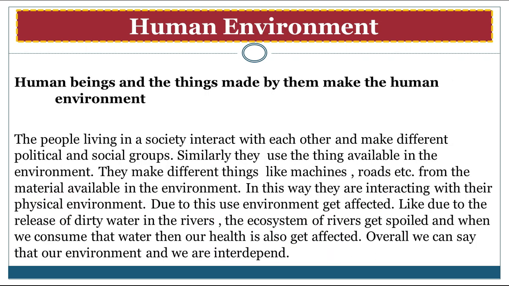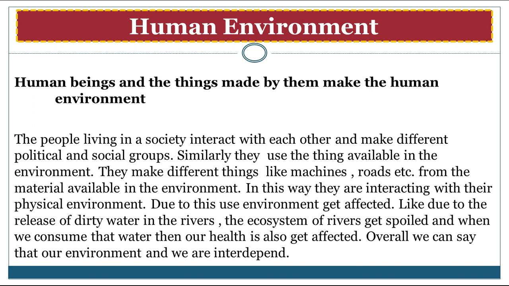Next, human environment. Human environment means human beings and the things made by them make the human environment. The people living in a society interact with each other and make different political and social groups, which are a part of the human environment.